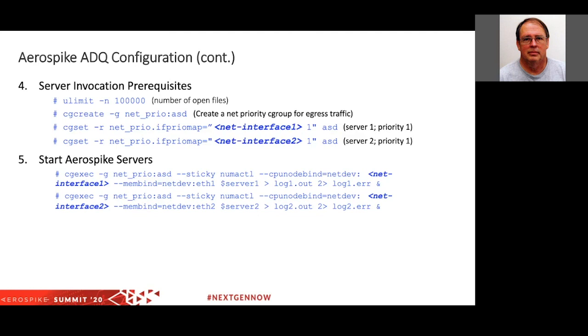And the way you do that, there are actually many ways to do that in Linux, but there is a control group that you can set for network priorities, and then basically just launching applications in that control group, it'll inherit the network priority.